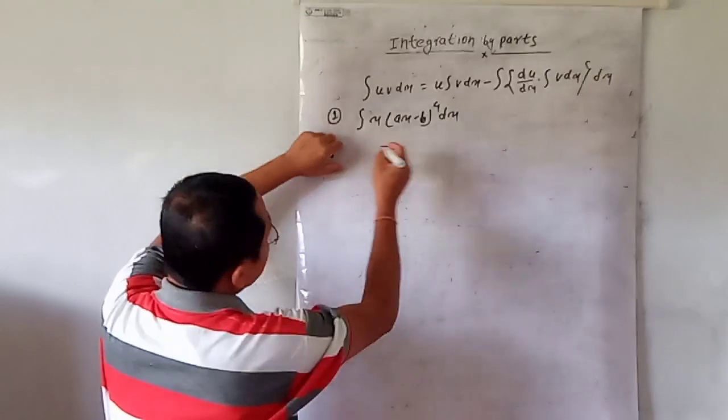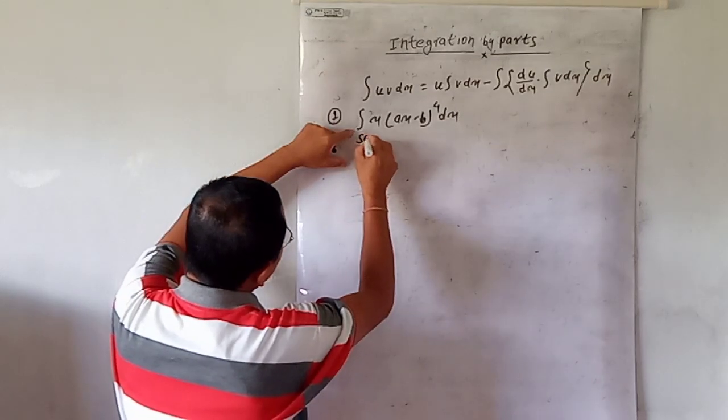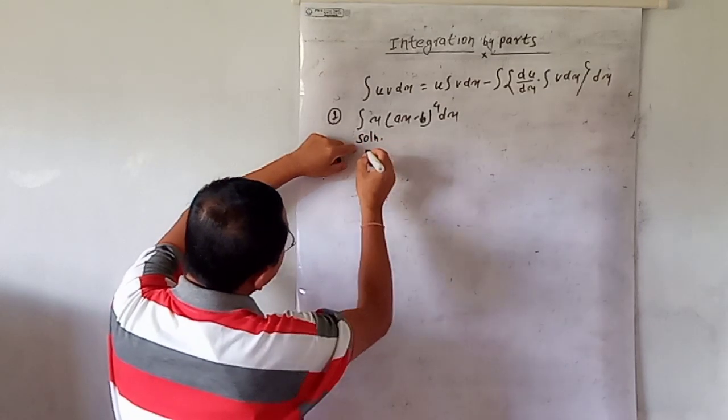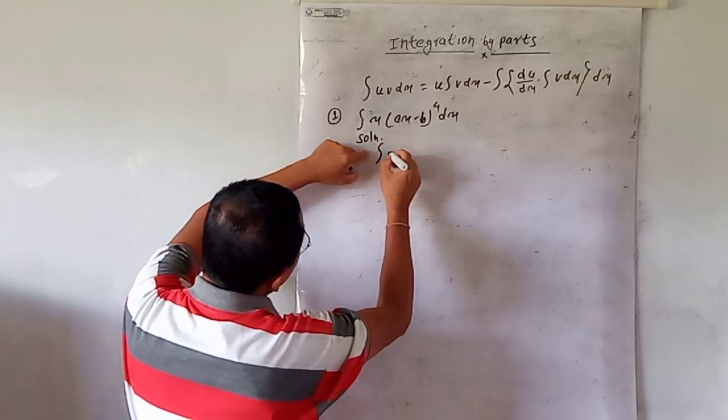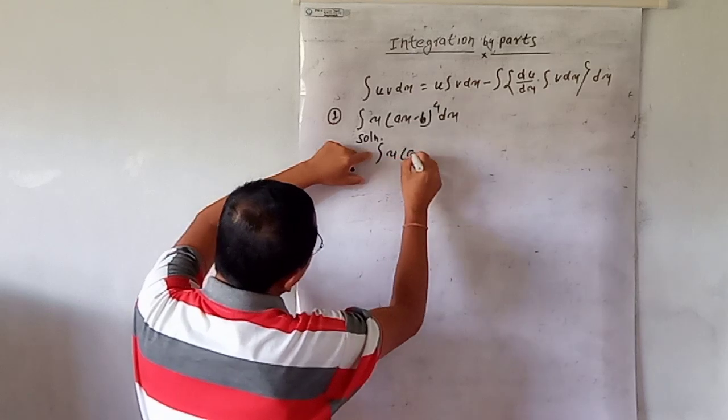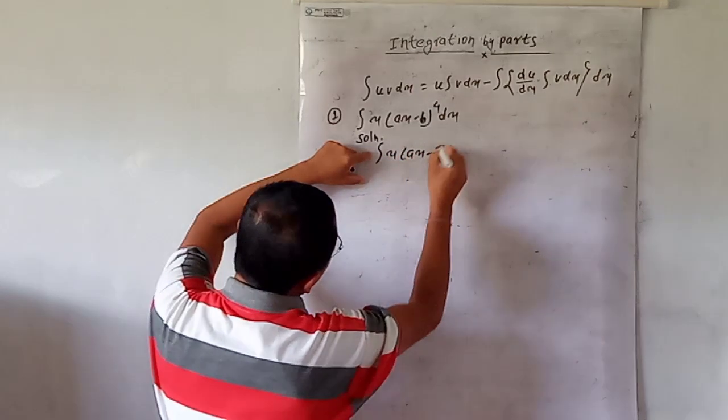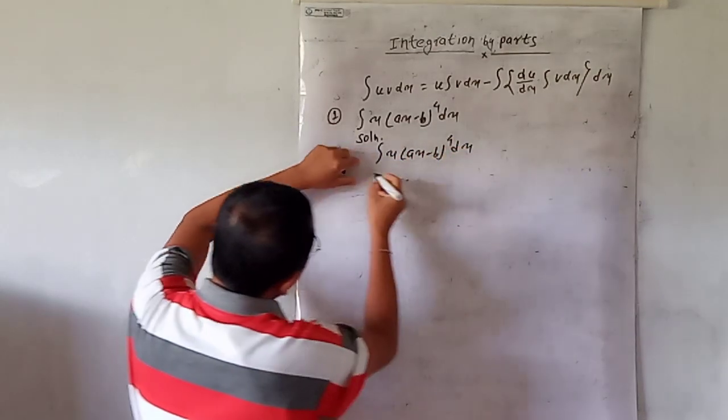Then in this very condition, look here, solution: the integration of x into (ax minus b) power 4 dx.